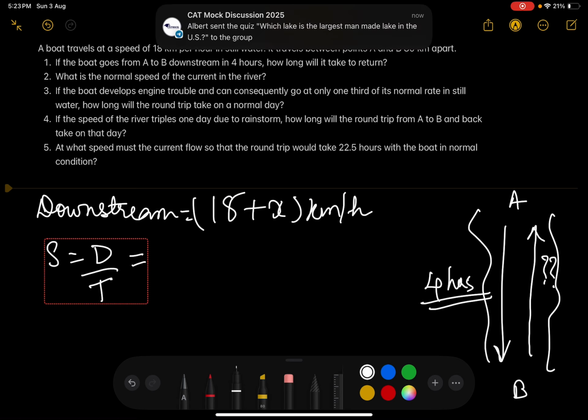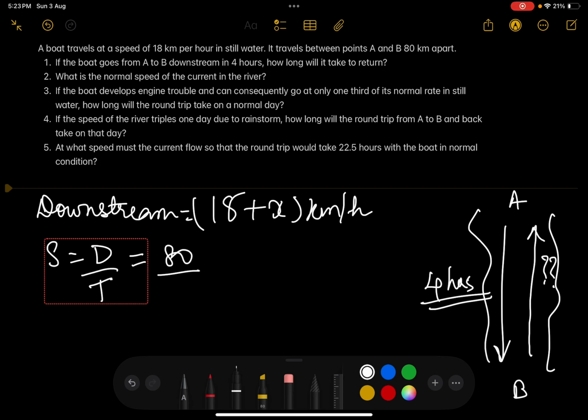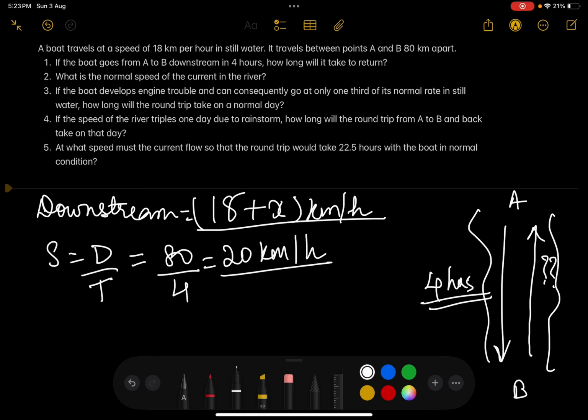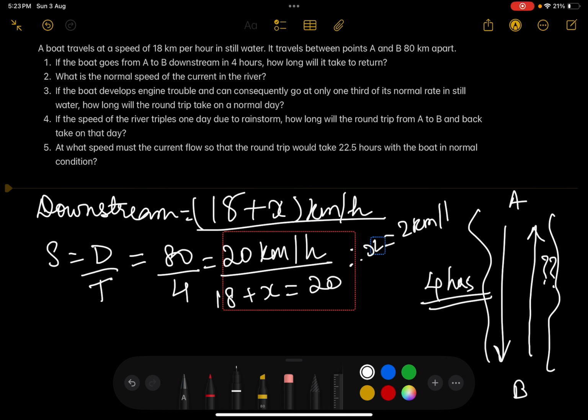The distance is 80 kilometer, time is 4 hours as per the question, and this is going to be nothing but 20 kilometer per hour. This is equal to what we found out, so 18 plus x is equal to 20. Therefore x is equal to 2 kilometer per hour.